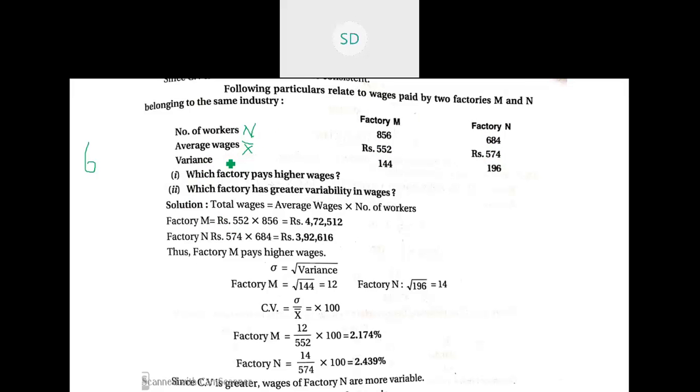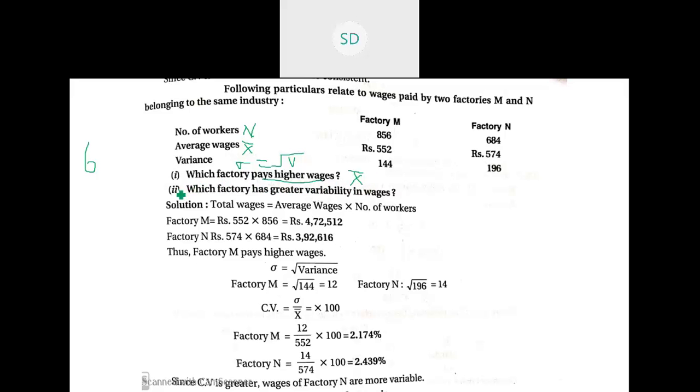Next, variance is given. They have not given a standard deviation, but we know how to find it. If you calculate the square root of variance, you get standard deviation. Now the question says, which factory pays higher wages? So we have to calculate CV first and make a judgment based on arithmetic mean.